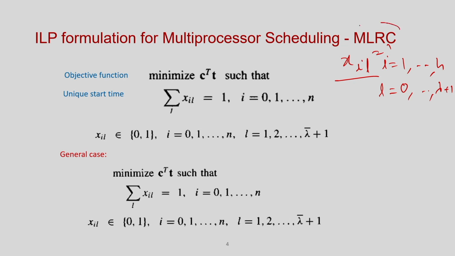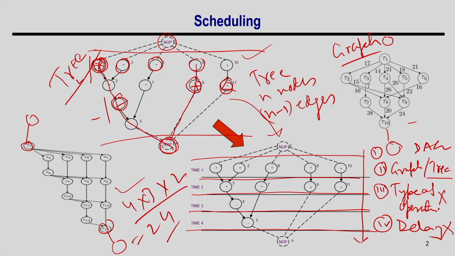If we take this MLRC problem, where we try to minimize the latency under resource constraint, our objective function is basically to minimize the schedule time of the last node. You remember that if we schedule the last node as early as possible, then because of the dependencies all our other nodes will be executed before that, and hence this is the minimum solution.